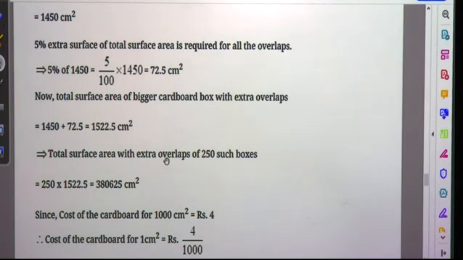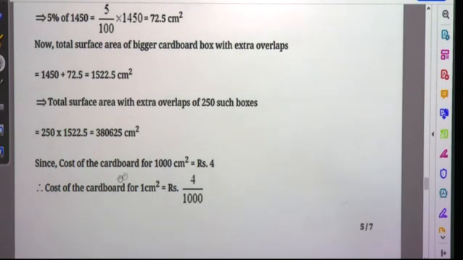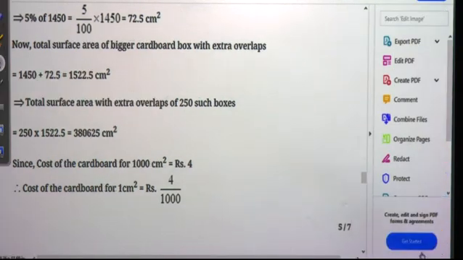Since cost of the cardboard for 1000 centimeter square is equal to rupees 4, therefore, cost of the cardboard for 1 centimeter square is equal to 4 upon 1000.